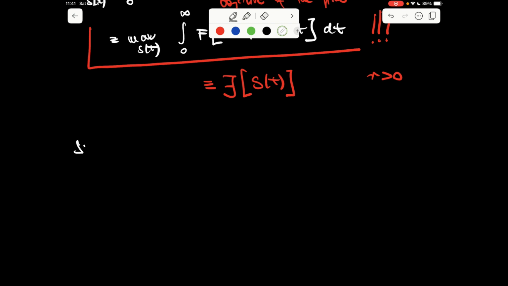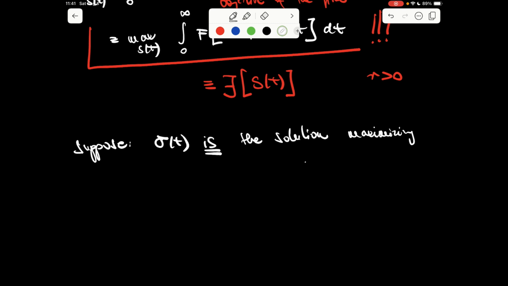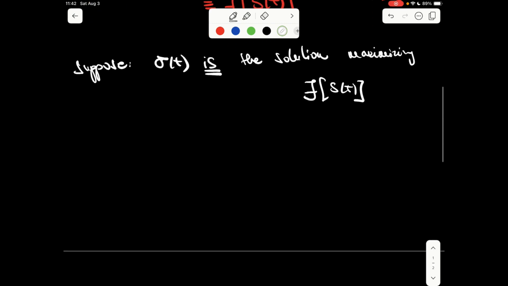Let's suppose sigma(t) is the solution that maximizes J(S(t)). Okay, we don't know anything about sigma(t). We just assume that this is the solution.